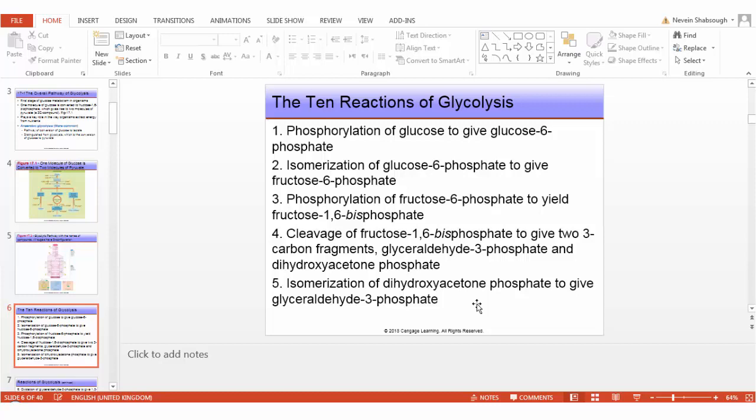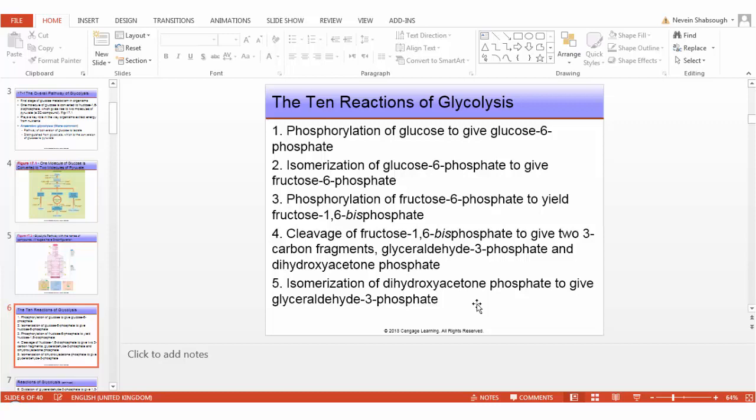Step 3, phosphorylation of fructose 6-phosphate to give fructose 1,6-bisphosphate. Then cleavage of this compound to give 2 three-carbon fragments. One is called glyceraldehyde phosphate and the other dihydroxyacetone phosphate, followed by another isomerization of dihydroxyacetone phosphate to give glyceraldehyde phosphate.